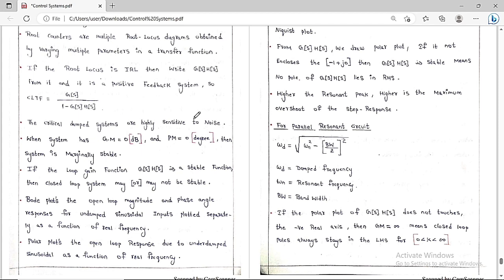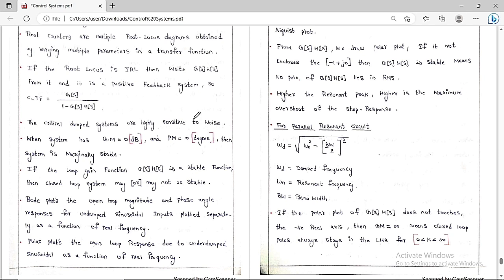The next point is, the critically damped systems are highly sensitive to noise. I have already told you this point many times. Whenever zeta is equal to 1, we say these are critically damped systems.